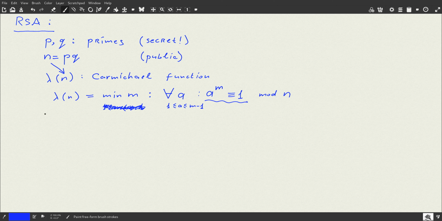And let us compute the value lambda of this n. First of all, if we compute lambda of a prime, for example, lambda of p, then it is relatively easy to understand what it would be. So for the Carmichael function, imagine that instead of n, there is a prime p here.